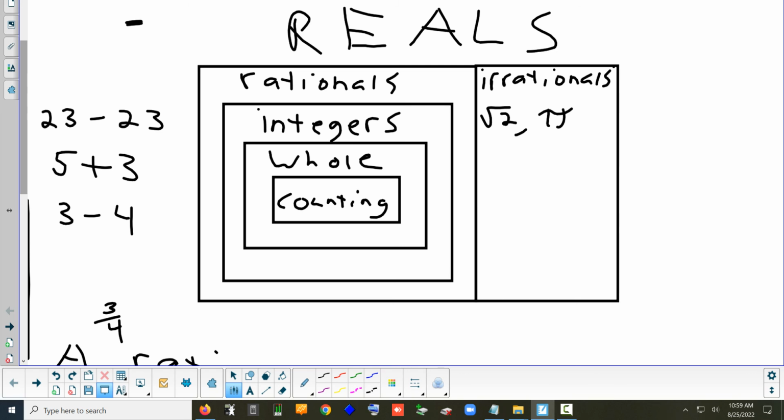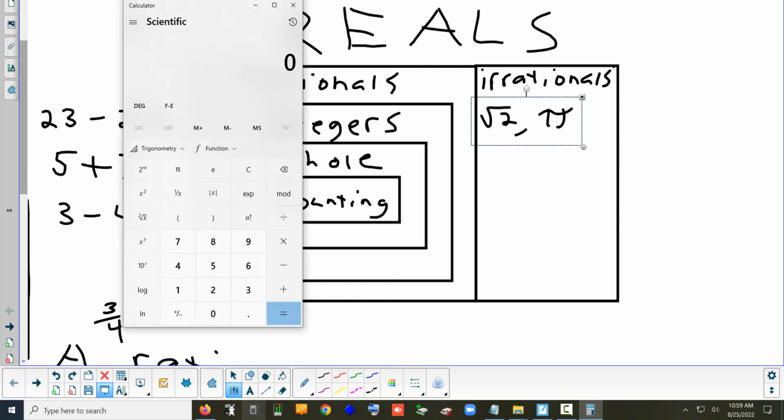Again, what's the use for square root of 2? A decimal that goes on forever? Well, let's just take the square root of 2. You get that decimal. If you were machining something or building something and you had to use the square root of 2 for some reason, you're going to round this off at some point. You're not going to use this entire number. That'd be way too much precision.